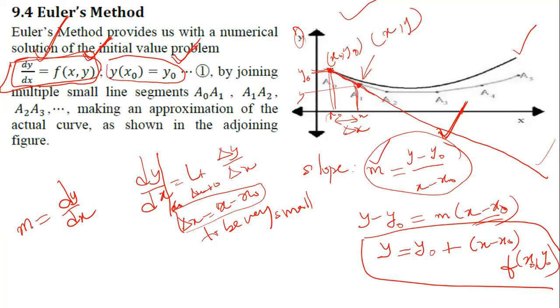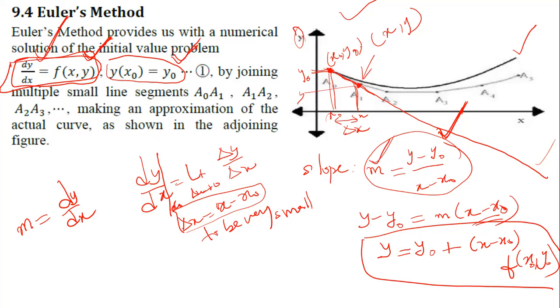So at this initial point x naught y naught, we simply draw a tangent to this arbitrary curve which we do not know. Let's say the tangent is a straight line like this. So we can find the slope of this tangent.